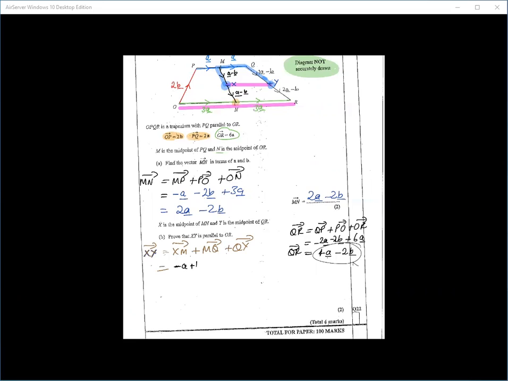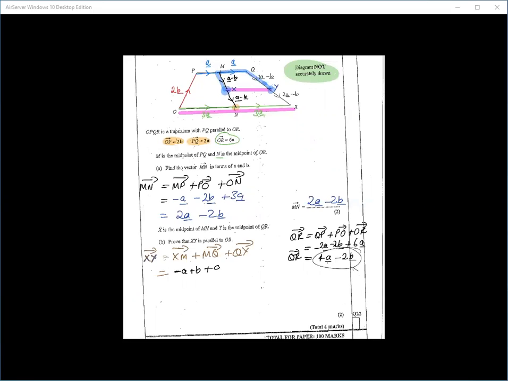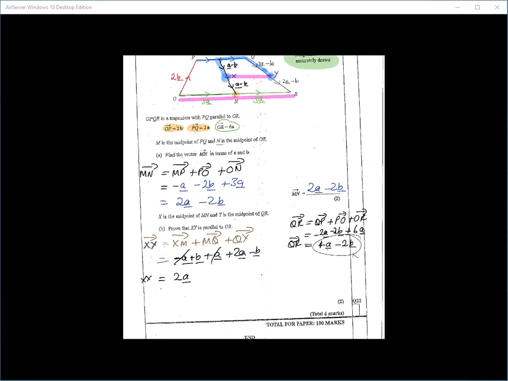So minus a plus b, because you're reversing that original vector, and then you go in the direction of a. That's good. And Q to Y is 2a minus b. Simplify that for me, please. So it's 2a. Okay, lovely, that's excellent.